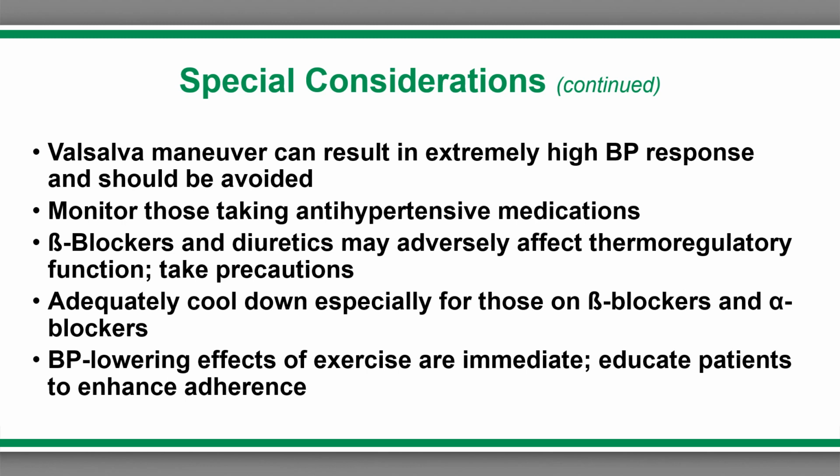Avoid Valsalva. Make sure that if somebody's on a diuretic or a beta blocker, that they are staying hydrated and that they don't get overly taxed with heat. Perhaps exercise inside during the heat of the day. Fans can be really helpful.